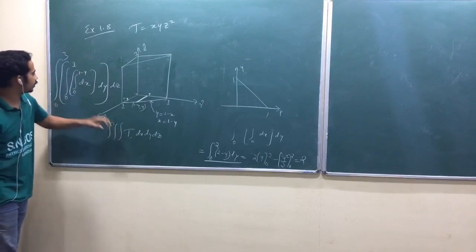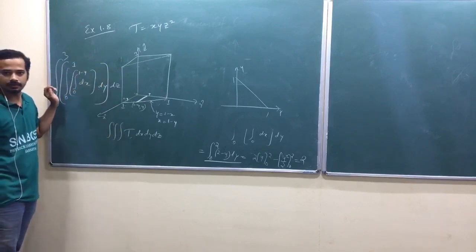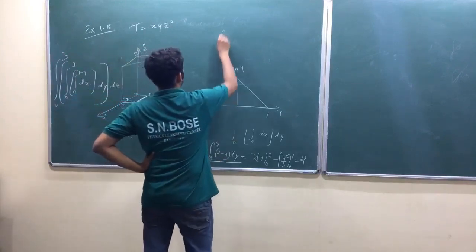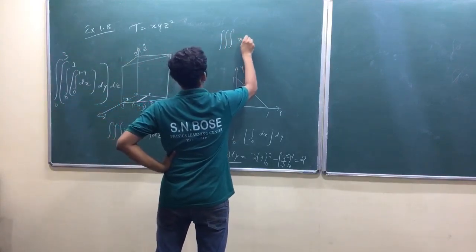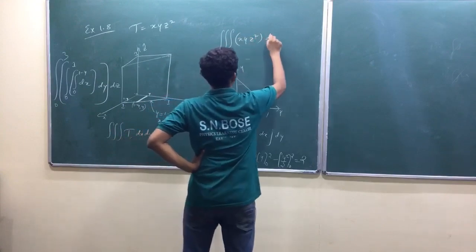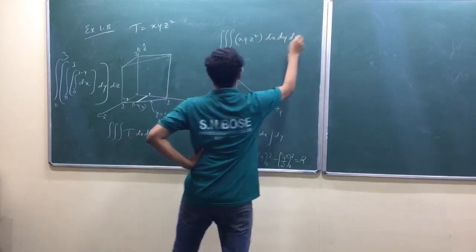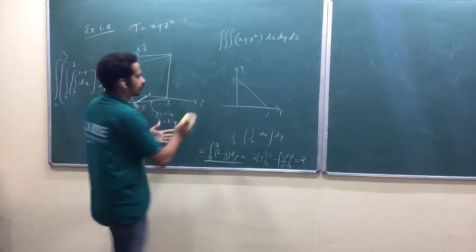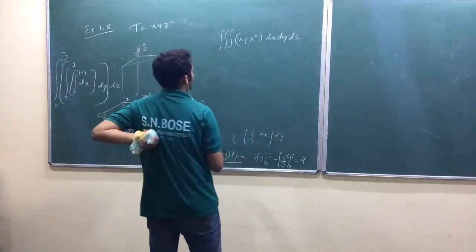Now this scalar function is going to play the role here. How do you write that one? Again, the triple integral of x, y, z square dx dy dz over this region. So how do I write it?